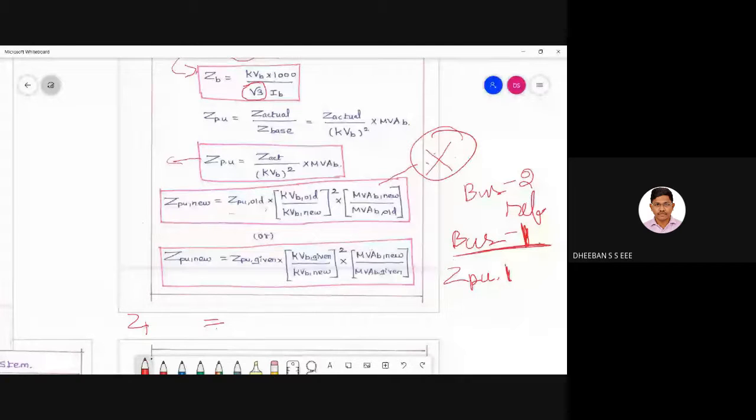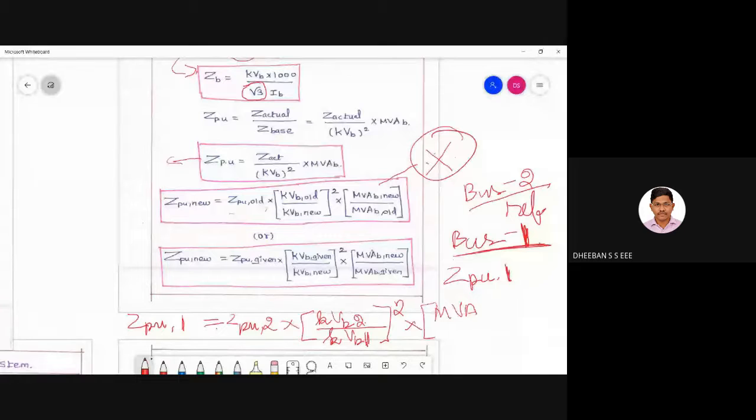So Z_pu for your first bus, you can write as Z_pu old, which you can take as bus 2, into KV_B old, which is nothing but your second bus, so KV_B2 divided by KV_B1, the whole square, into the same thing represented in terms of your apparent power MVA.